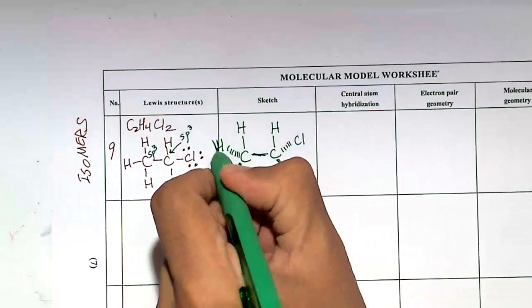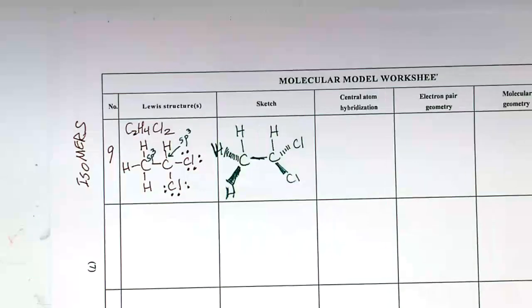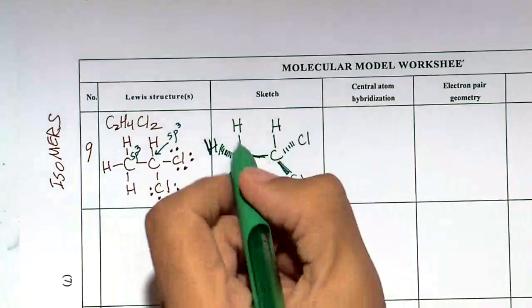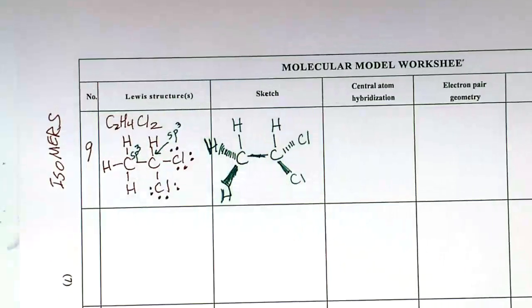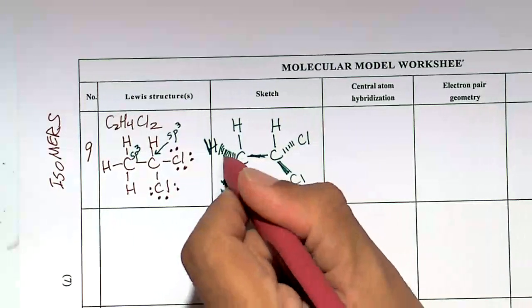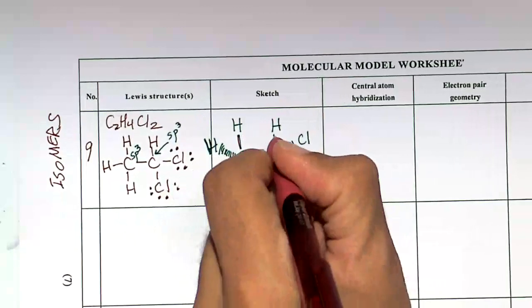However you do it on the exam, it's okay, but we try to get 2 tetrahedral molecules together through this C-C bond. This is sp3, that's also sp3. This is a dash bond. This is a wedge bond, that's a dash. This is on the plane of the paper.